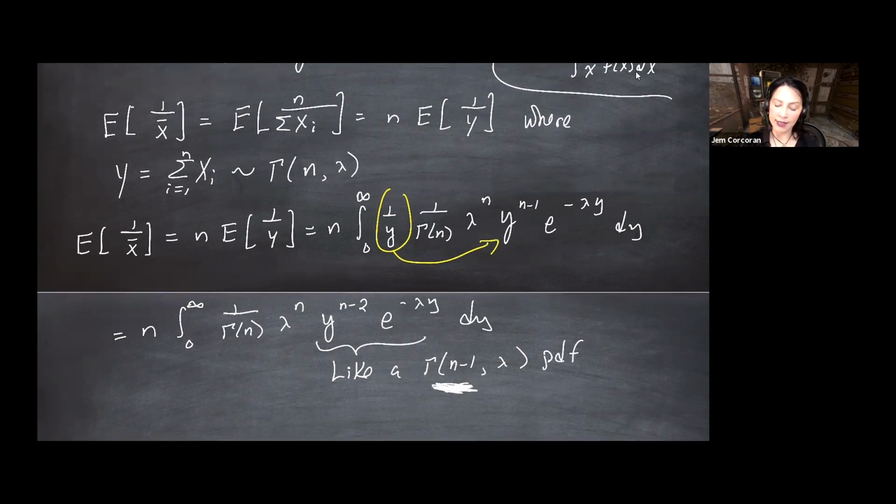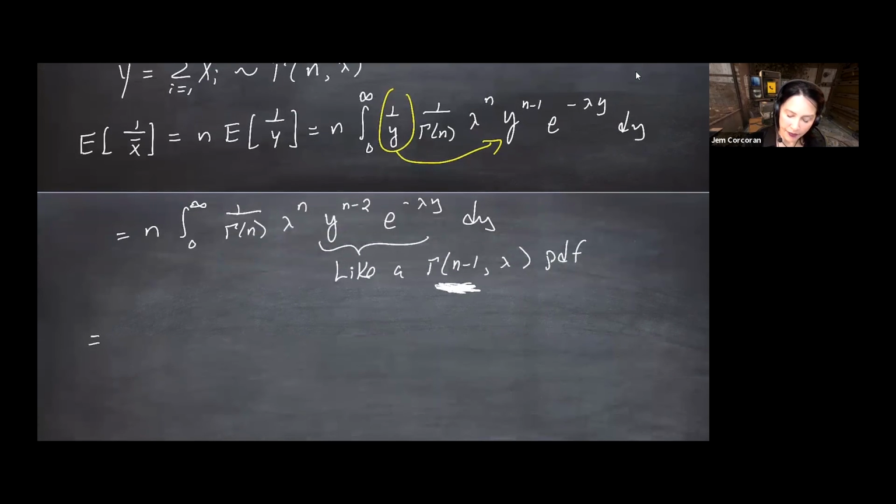Okay, so if it's like that, then let's make it into that. I'm going to pull out, so I've got my n out front, I've got the gamma of n, I'm going to pull out a single lambda so that I'm left with n minus 1 of them in here. And then I'm going to leave a little more space, 0 to infinity. I'm going to need 1 over gamma of n minus 1. So that means I need to multiply by gamma of n minus 1.